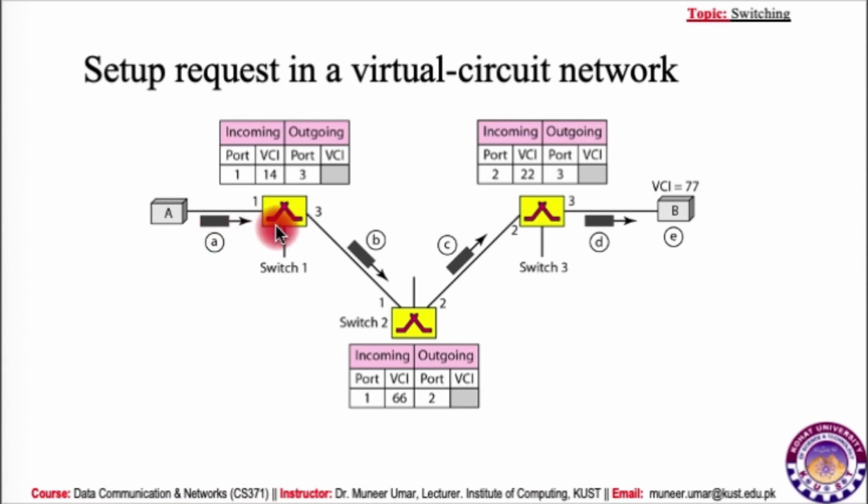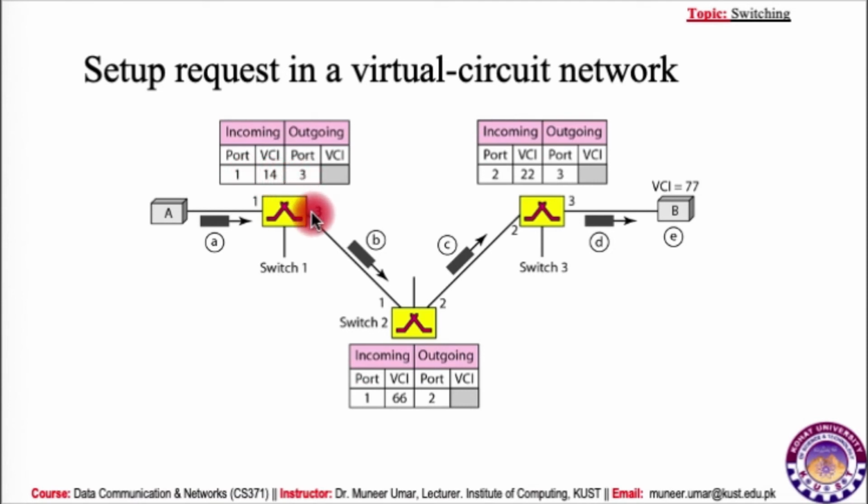It knows that a frame going from A to B goes through port number 3, which is this port. This switch may have more ports. So according to this table, it knows that port 1 having VCI must have port number 3.